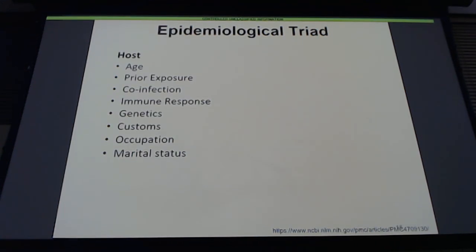So these are some of the things that we mentioned for that epidemiology triangle for your host: it's your age, your prior exposures, your co-infections. This is your susceptible individual in your population. It's going to be that point of that triangle.